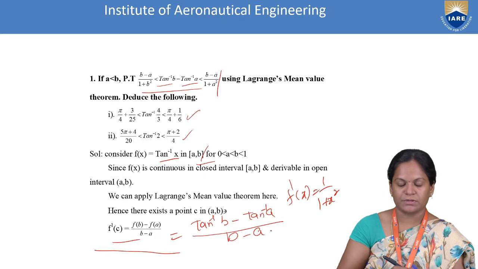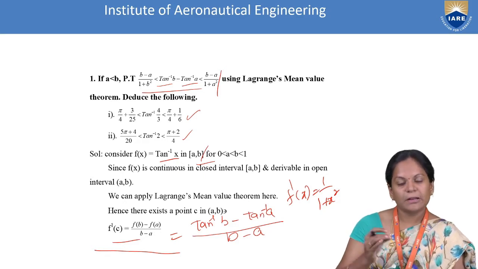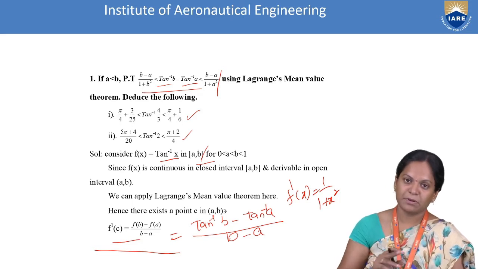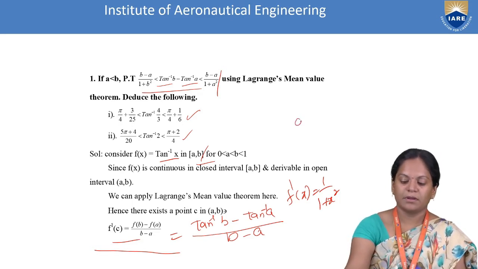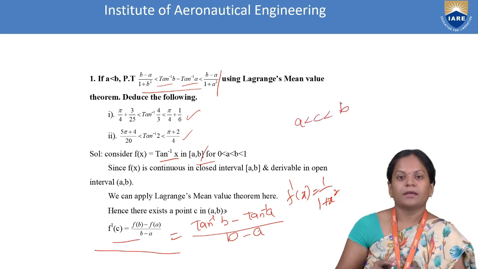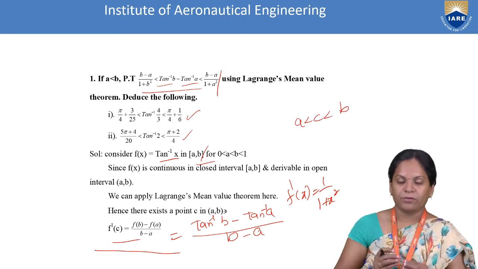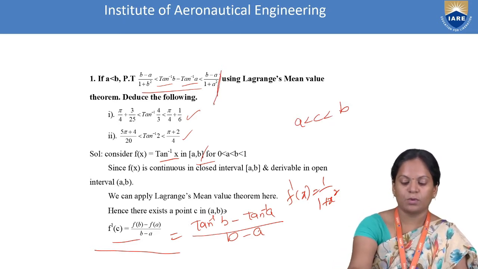So this is f dash of c, and here we have to remember one thing. We can apply Lagrange's mean value theorem, and c must lie between a and b, that is, a less than c less than b must be satisfied. By using Lagrange's mean value theorem, we have to prove these inequalities.